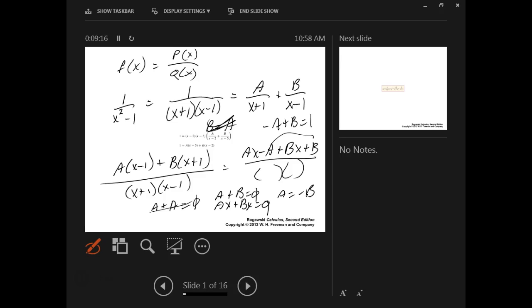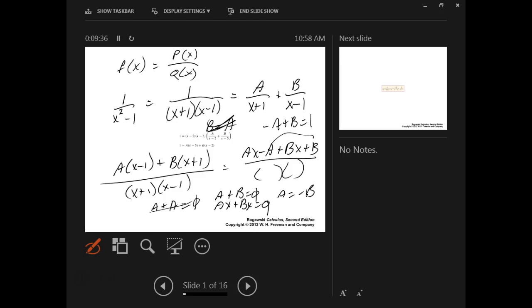A is equal to minus B. So then up here, we put minus B, minus minus B, which is plus B. Right? Plus B is equal to 1, 2B is equal to 1, B is equal to 1 half. A is equal to minus 1 half.